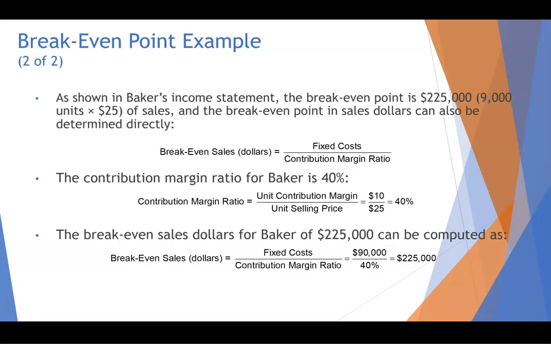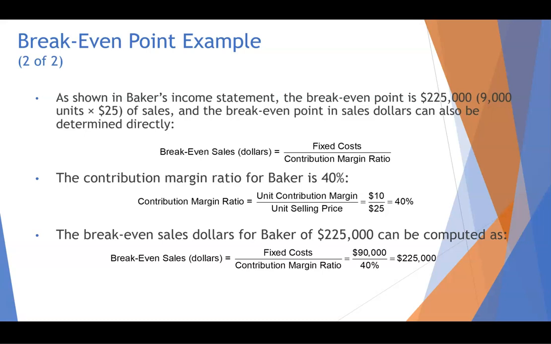But let's look at another way to look at this. Break-even sales dollars are our fixed cost divided by our contribution margin ratio.